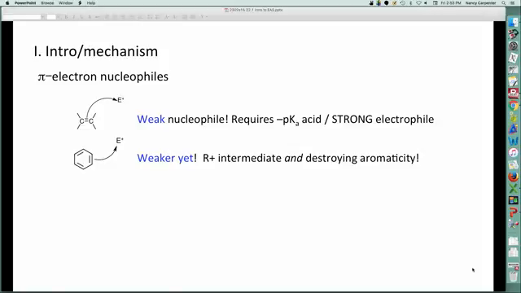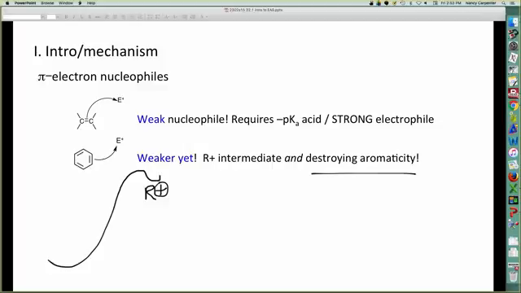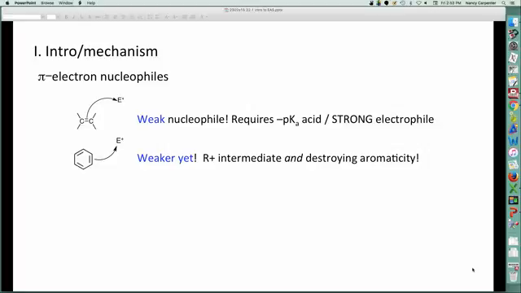Why? Because, again, you're trying to make an incredibly high energy intermediate. And this high energy intermediate is even more unstable than the high energy intermediate from an alkene because, shoot, when you take this pair of electrons and react them with an electrophile, you are destroying the aromaticity of that ring.